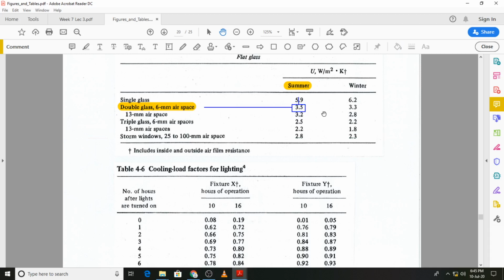And you can see that is 3.5 watts per meter square Kelvin. That is the value we had used in the solution. We will now return back to the solution to see how we will calculate the heat gain due to transmission of solar radiation through the window.